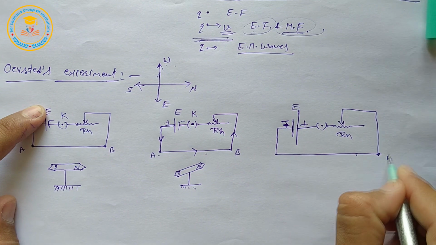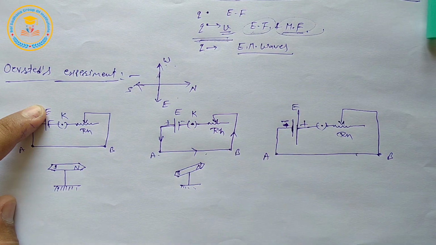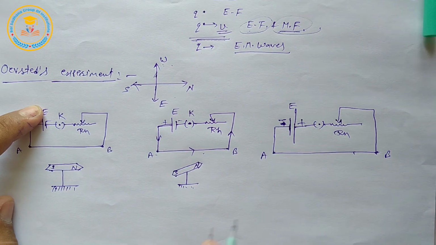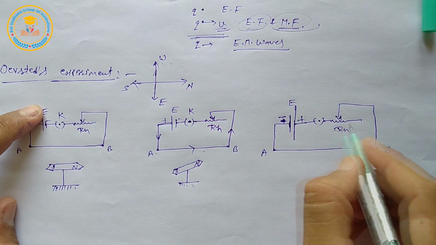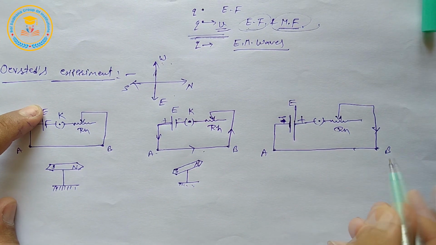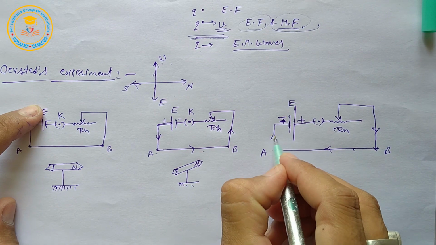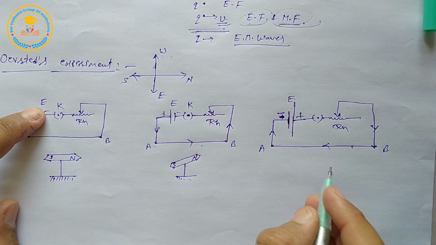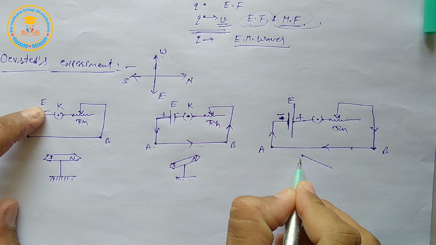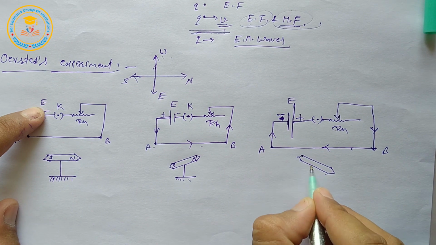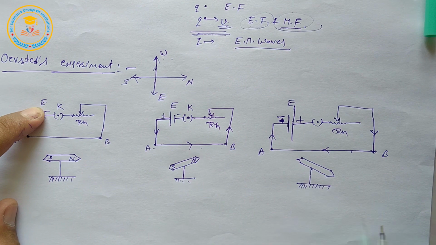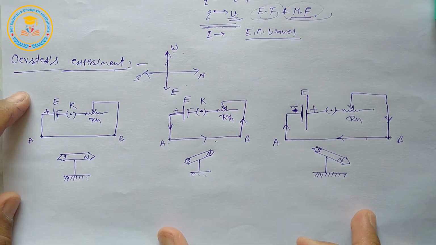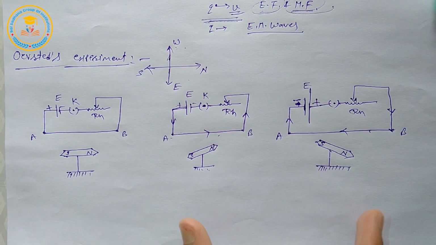Then in this situation, the direction of current will be reversed from the previous situation. The direction of current is north to south, and the direction of deflection of the needle is also reversed like this. This is the deflection of a magnetic needle. Okay, this is the observation of the Oersted experiment.